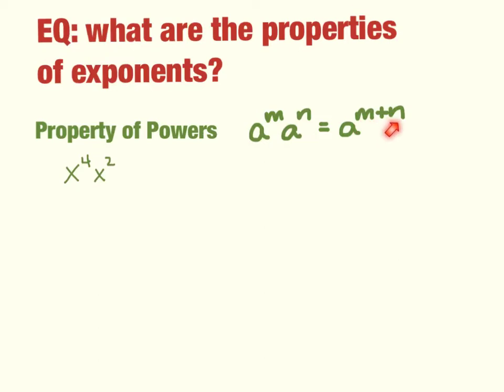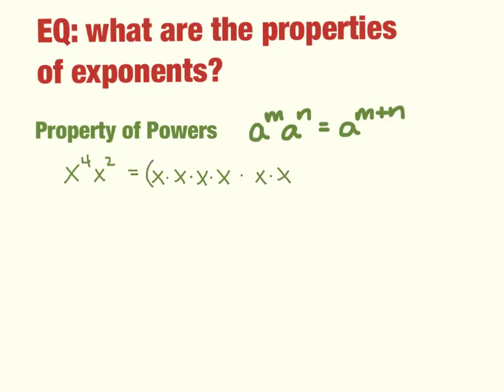Now I'm going to show you where that comes from. X to the fourth. What is x to the fourth? X to the fourth is just x times x times x times x. Right? That's x to the fourth. This is being multiplied by x squared. Well, x squared is just x times x.